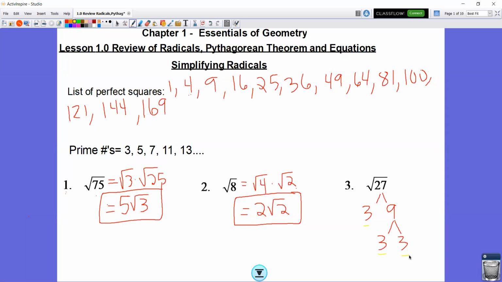So I have a pair of 3s, and I have a spare 3, right? For every pair of numbers, 1 comes out front. And for every thing that's stuck in the square, it's going to stay underneath that radical. It's going to look like this. So the square root of 27 breaks down to 3 root 3.